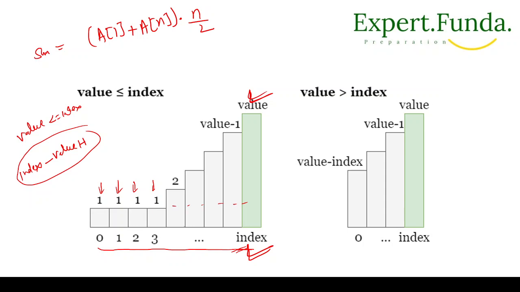So the sum of all the elements on the left of the index, including nums at the index, is made of two parts. The first part is 0, 1, 2, 3, and it goes on continuously like this, then it starts with value minus 1, value minus 2, down to value, like this.